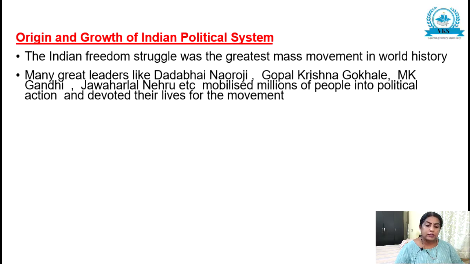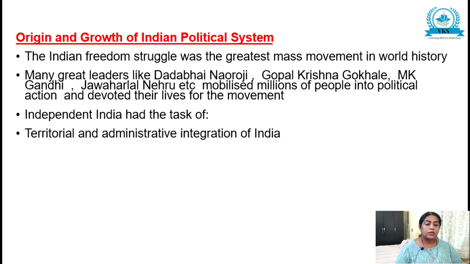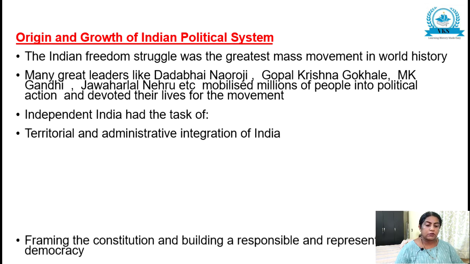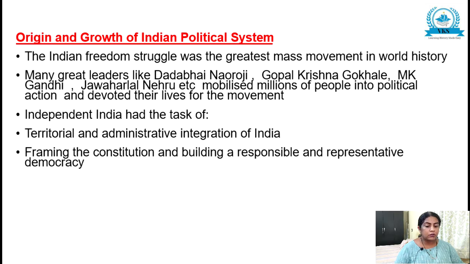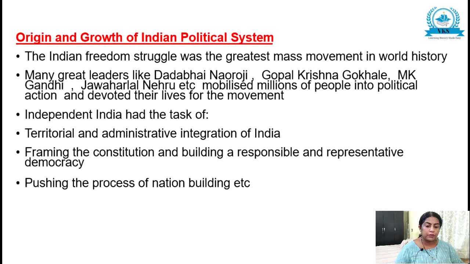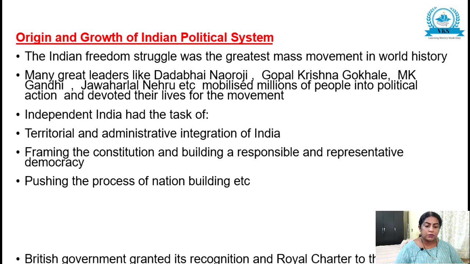Many great leaders like Dadabhai Naoroji, Gopal Krishna Gokhale, Mahatma Gandhi, Jawaharlal Nehru, etc. mobilized millions of people into political action and devoted their lives to the movement. Independent India had the task of territorial and administrative integration, framing the constitution and building a responsible and representative democracy, pushing the process of nation building.